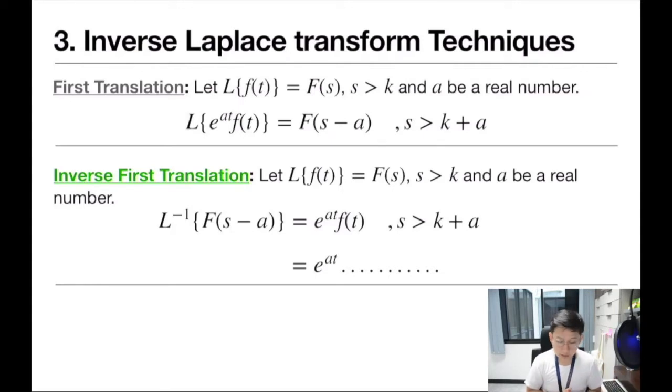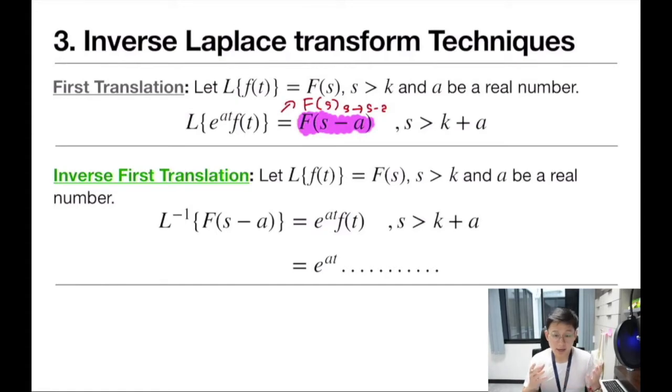Which means that if you have the Laplace transform of e to the at f(t), you just need to find the Laplace transform of f(t), and then you shift s to s minus a. And that is the same as the Laplace transform of the big F of s minus a.